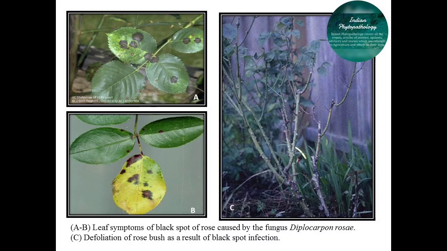Now for management of this leaf spot, we have to apply a fungicidal spray like tridemorph at the rate of 0.025% or carbendazim. These are the recommended fungicides reported for controlling this leaf spot.